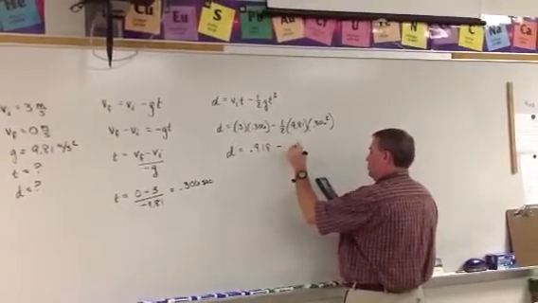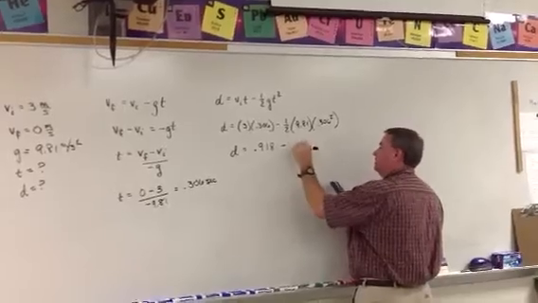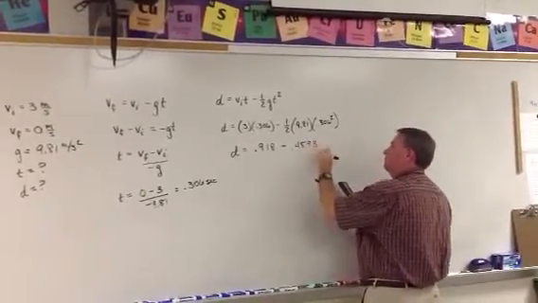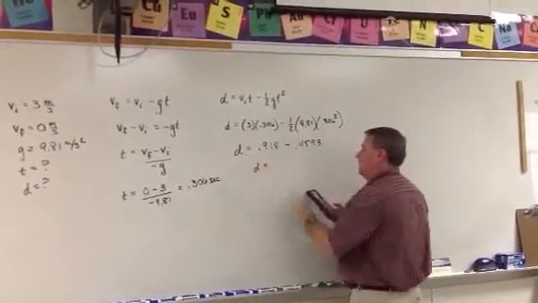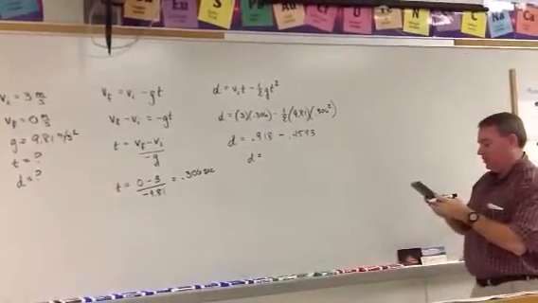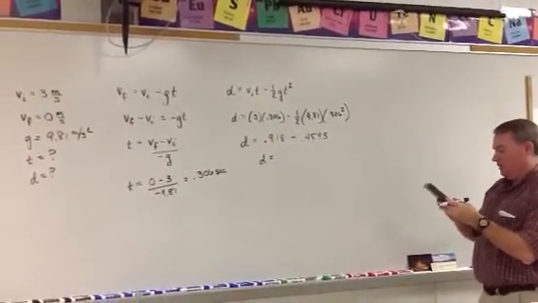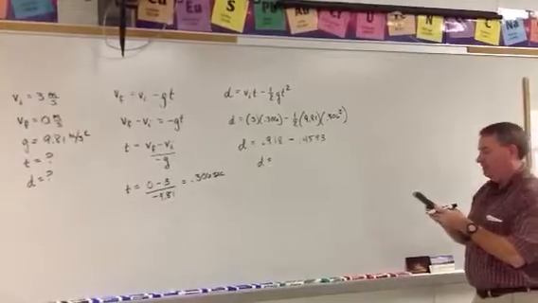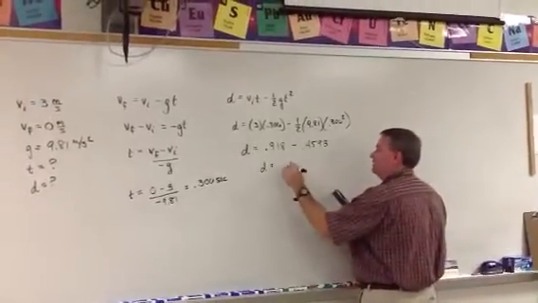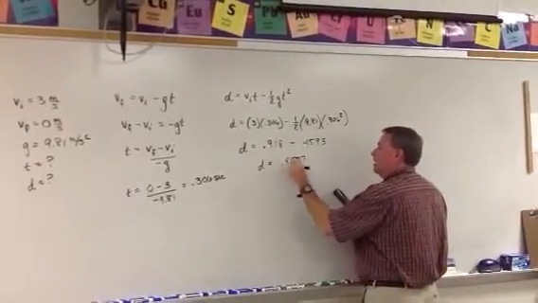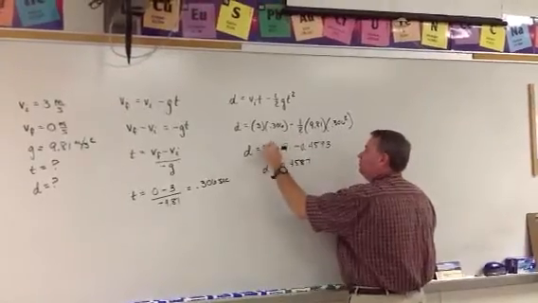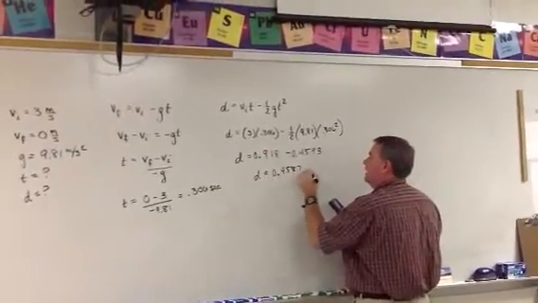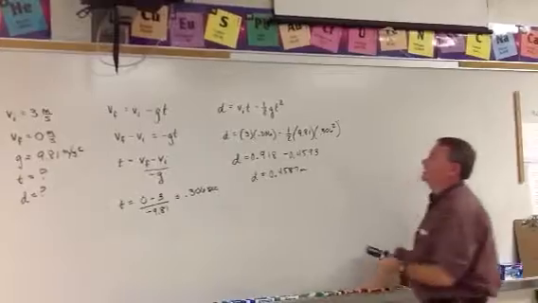That gives you 0.4593. And then 0.918 minus 0.4593 gives you 0.4587. I usually make sure the decimals have a 0 in front of them, and that's in meters.